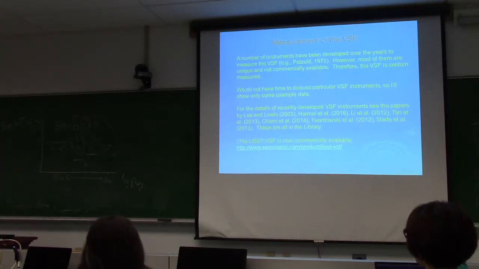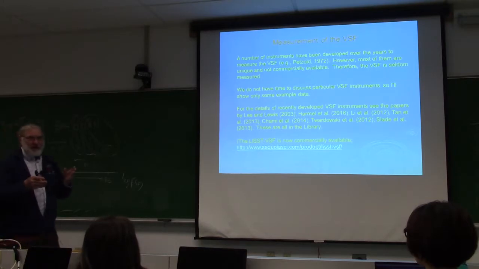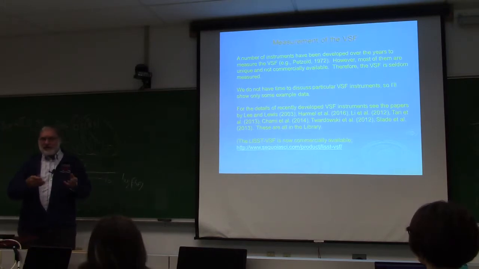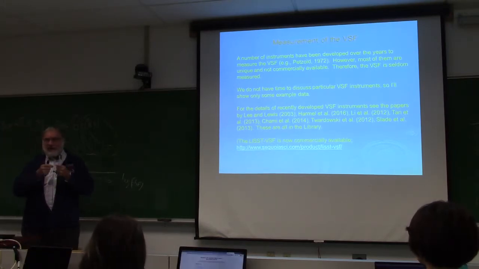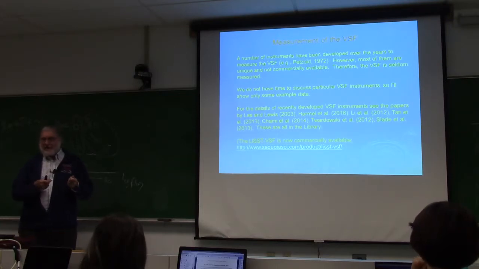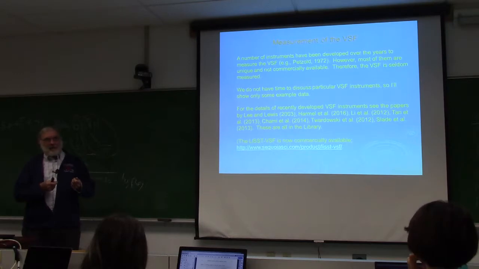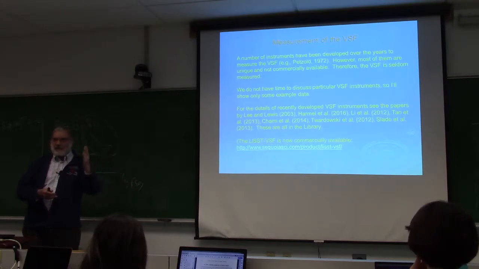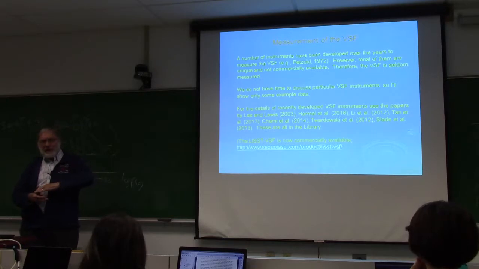Now, the catch is with, say, an AC9 and the total absorption and the total scattering coefficients, you're just measuring one number. That's hard enough to build an instrument to do as you're learning. When you want to build an instrument to measure the whole volume scattering function, it has to be able to make measurements over this range of angles from ideally 0 to 180.